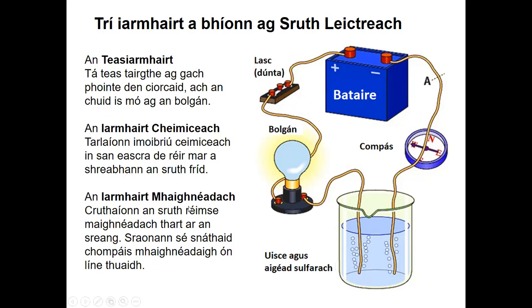So the three effects of an electric current. It has a heating effect. If a gap is punched in the circuit, the bulb goes out.